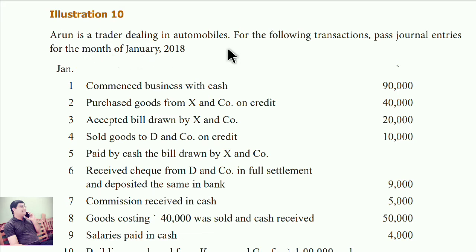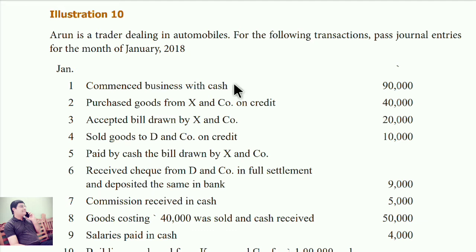Whenever you are doing something, this is your own company and you are Arun. For the following transactions, pass the journal entries for the month of January 2018. Commenced business with cash, rupees 90,000. So you invested money into the business.